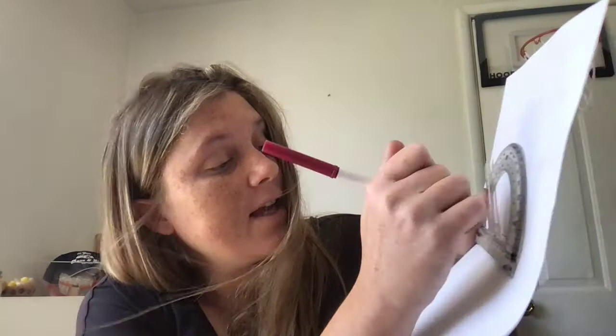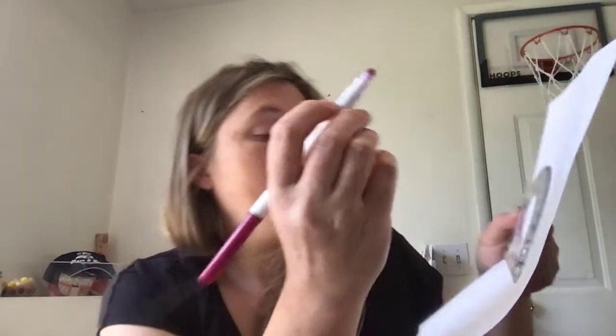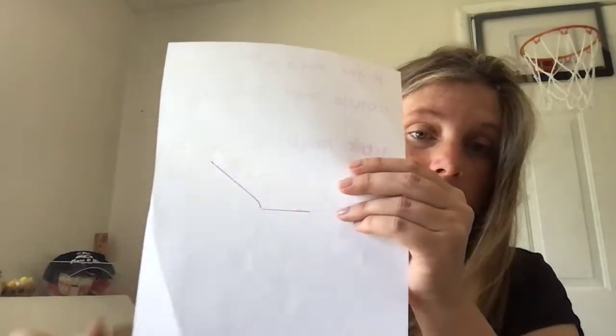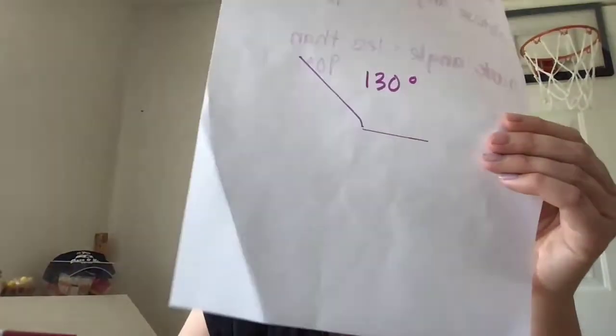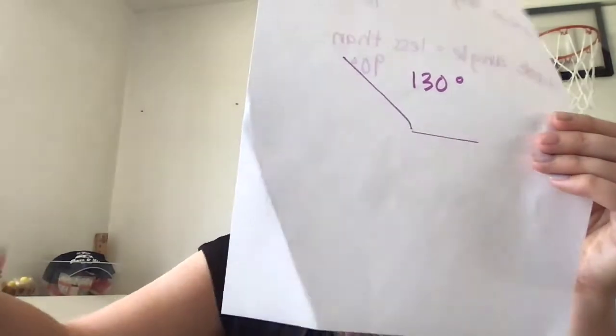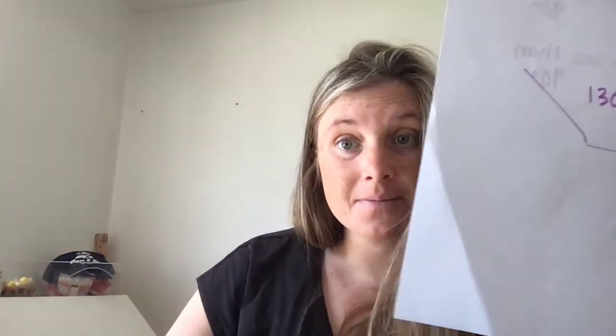Then it needs to be greater than 90 degrees, right? This is where this thing helps if you have it. So I'm gonna put this on 130 degrees. Then you can draw it up. That's not perfect, but that's okay. And then it says to write it. So this is 130 degrees. And that is an obtuse angle, right? So I could put that in my obtuse box. Okay, so you can finish that page.